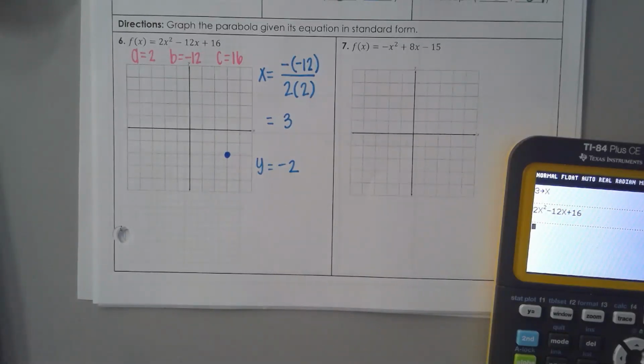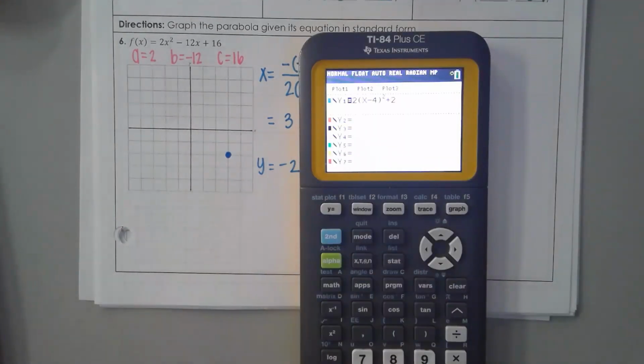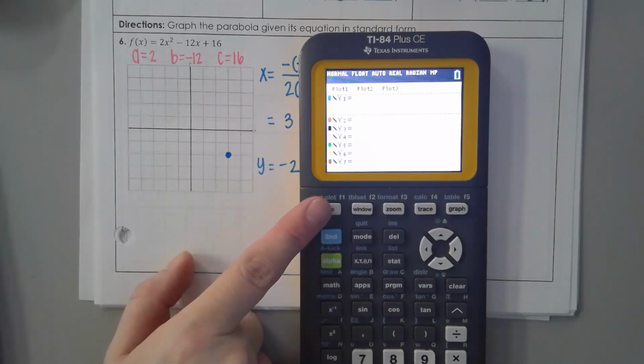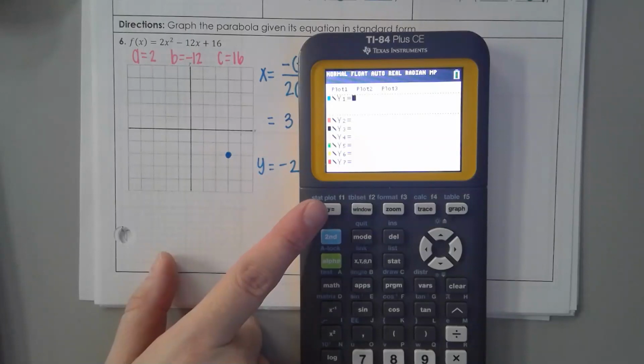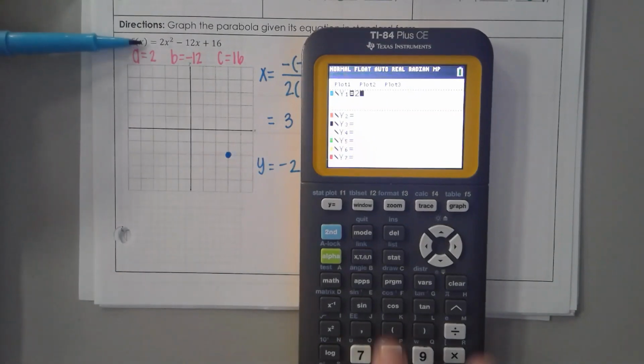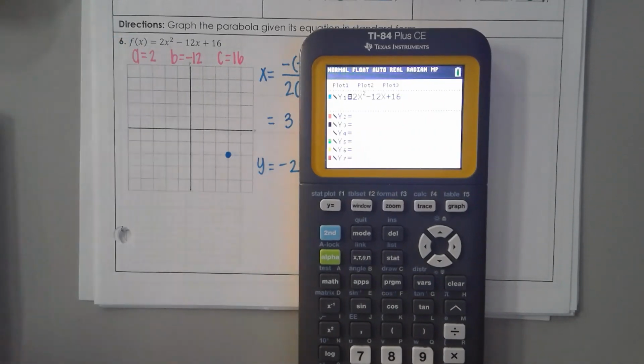Did I show you how to get the table on your calculator yesterday? Yep. So if you go to y equals, follow along with me so you don't ask me how to do it in 30 seconds. And then type in 2x squared minus 12x plus 16.